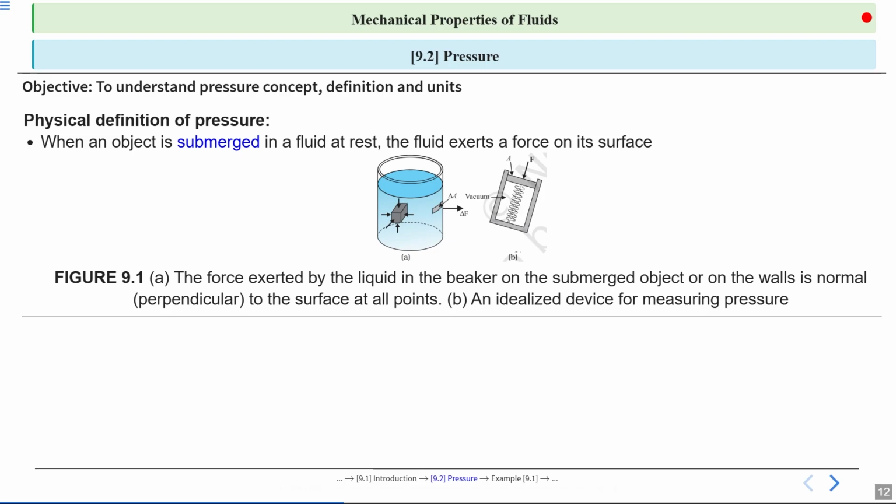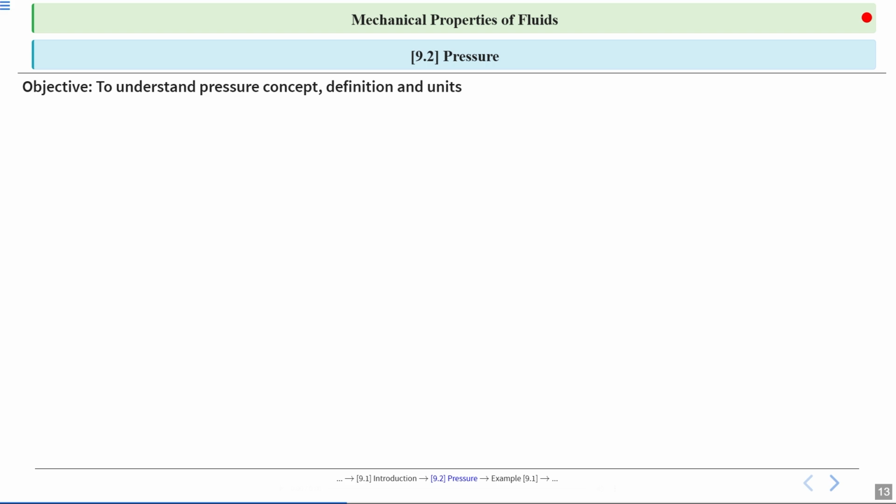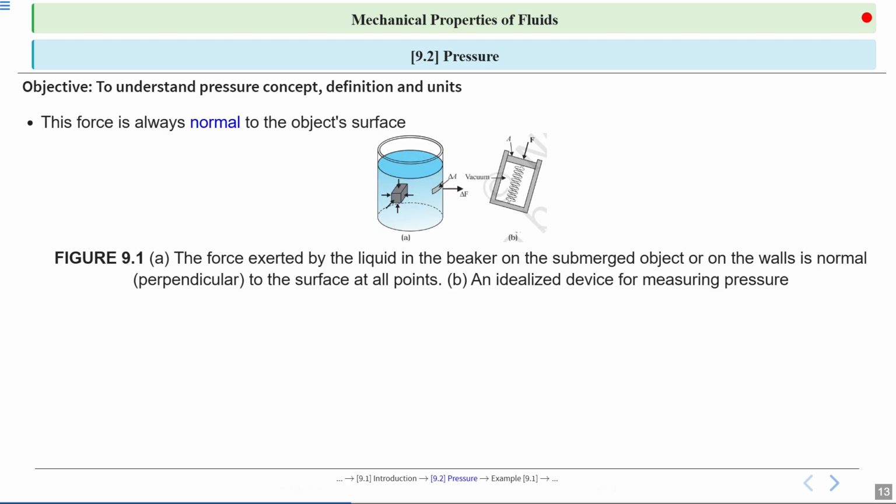Now, let's start by looking at how force is applied in fluids. Notice that the force exerted by a fluid is always normal or perpendicular to the surface of an object. This is crucial because it means the force is directed straight out from the surface, as shown in figure 9.1a. This perpendicular force is what we measure as pressure.